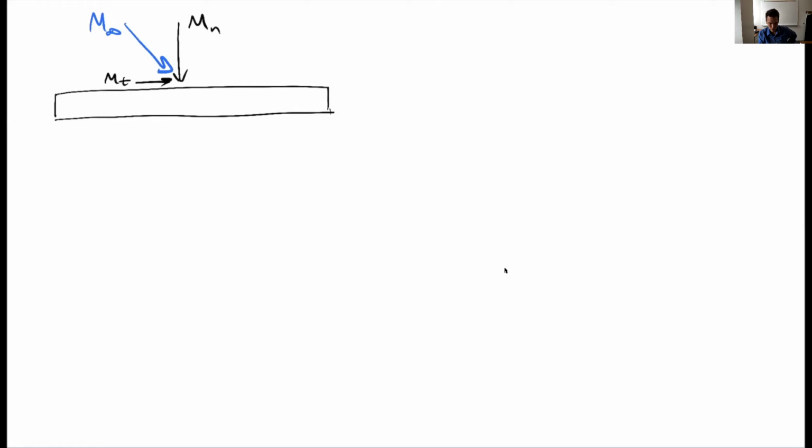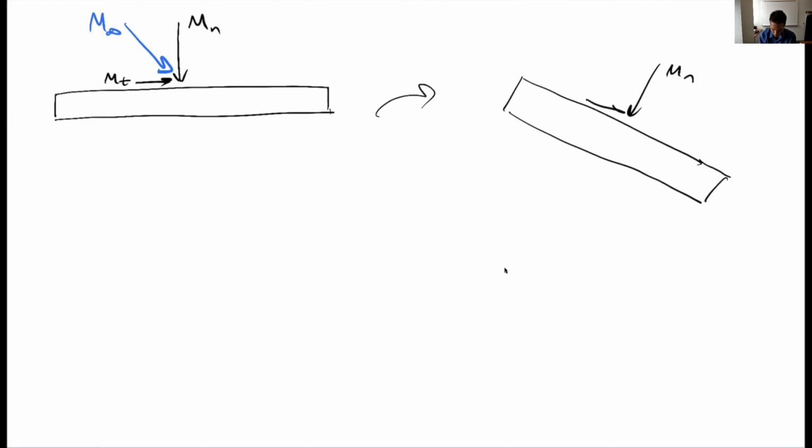So the only thing that's going to matter from this perspective, in this idealized world, is this normal component. You could think about this drawing here. Well, this is exactly the same as if I had an infinitely swept wing. If I just rotated the wing this way, here's my normal component, tangential component.